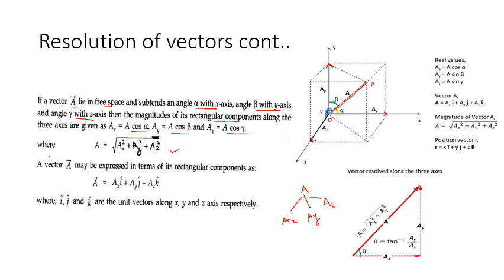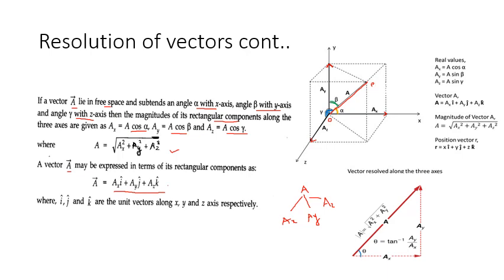Then look at the next point. A vector, or A with the vector symbol, may be expressed in terms of its rectangular components as A vector equal to Ax i cap plus Ay j cap plus Az k cap.